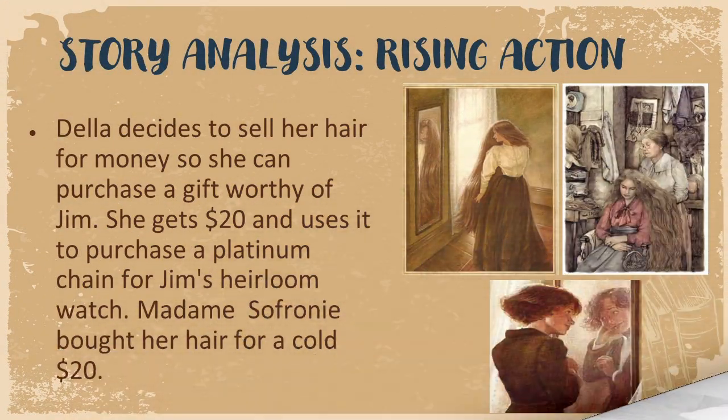Moving to the rising action, Delia decides to sell her hair for money so she can purchase a gift worthy of Jim. She gets $20 and uses it to purchase a platinum chain for Jim's heirloom watch. Madame Sofroni bought her hair for a cold $20.